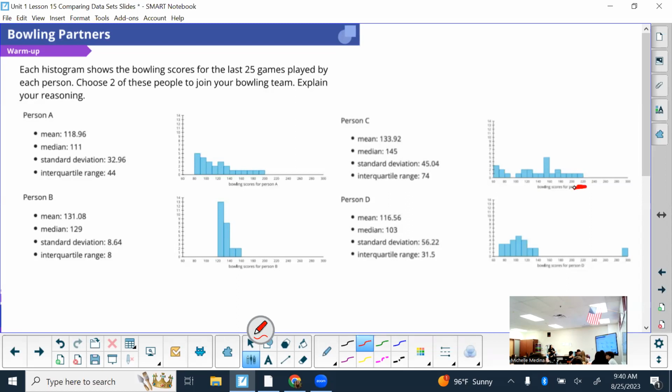Okay, so visually on their histogram, they are one of the higher scorers. You can tell that visually. Any other reasons that we could pick C as a good player for us, Ron? And what tells you about consistency? What measurement?